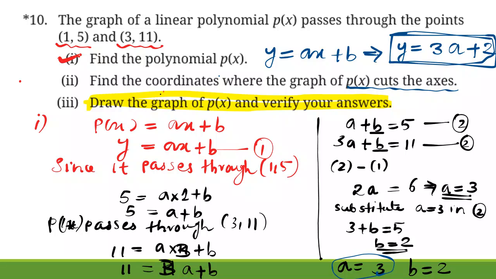So first of all, y is equal to 3x plus 2 was our linear equation, right? So we need to find the points.